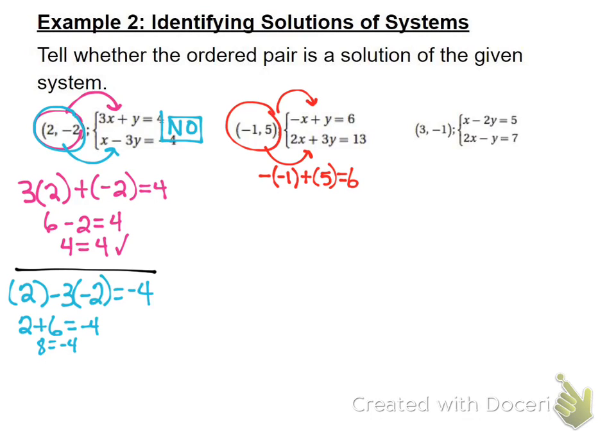Okay, and then go ahead and simplify that side of the expression. It would be 1 plus 5 equals 6. And what's 1 plus 5? 6. So does 6 equal 6? Yep. Okay.